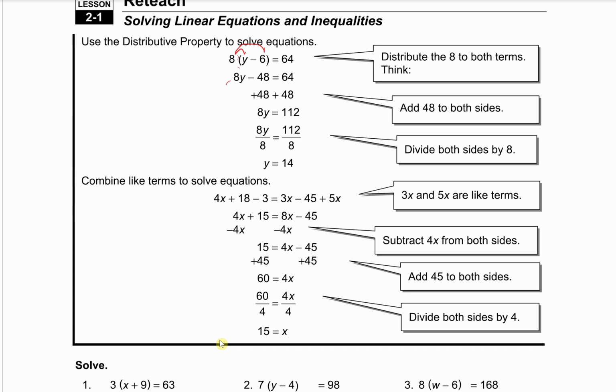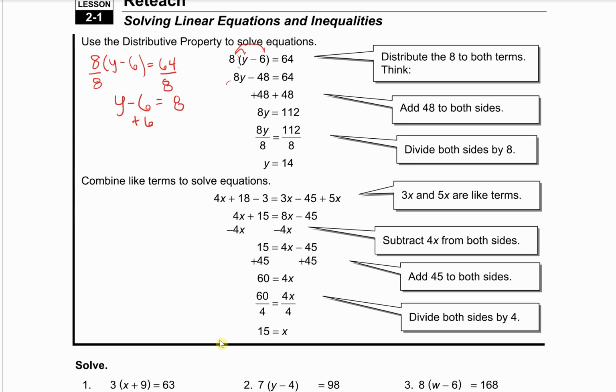Now, I'm going to show you another thing you can do. You don't have to distribute. In fact, if you recall, when I'm multiplying, the opposite operation is division. So I could just divide both sides by 8. And if I know I can, this is what I'm going to do. This is going to give me y minus 6 equals 8.